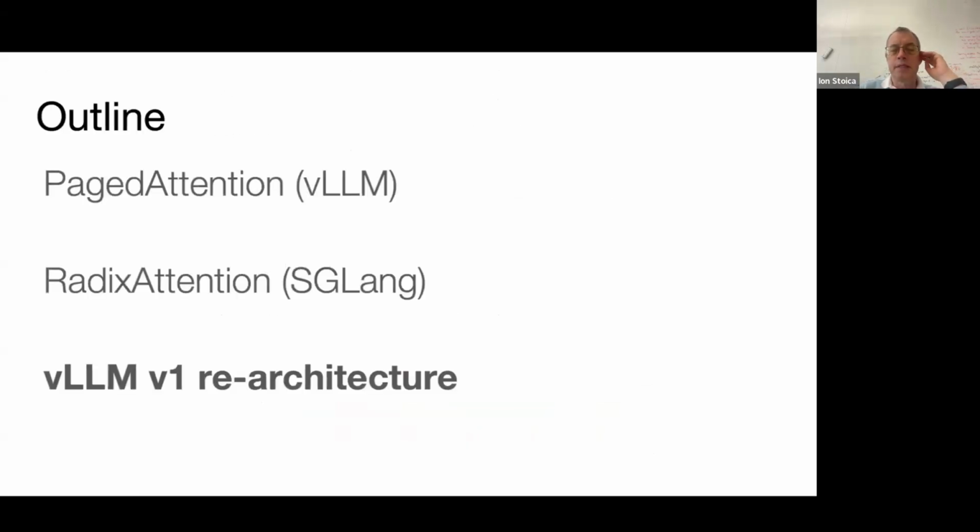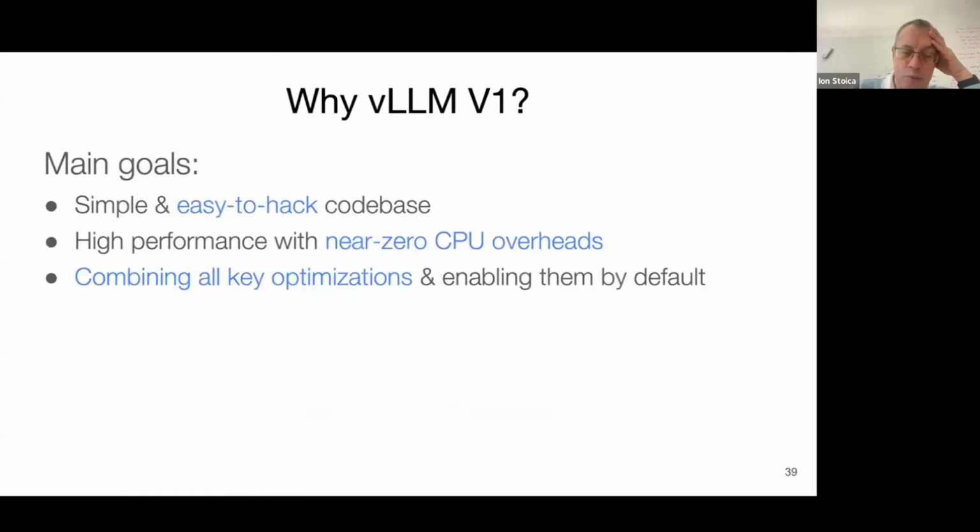So for the next few minutes, if there are no questions, let me go a little bit about V1. So right now, it's a major revision of the vLLM architecture. And what are the goals? You develop the system, but in a very dynamic environment.